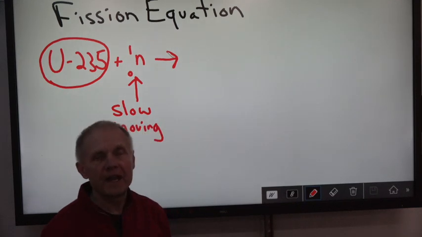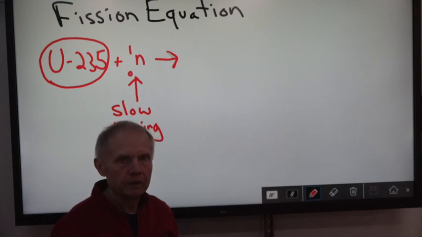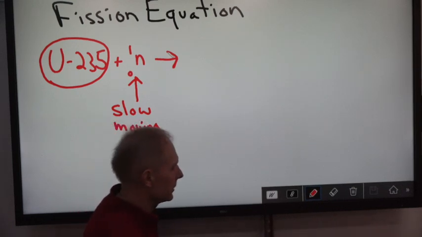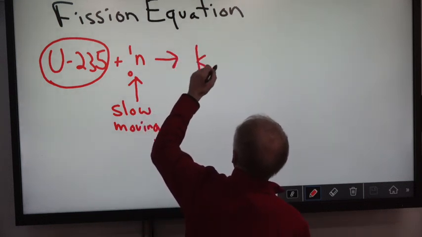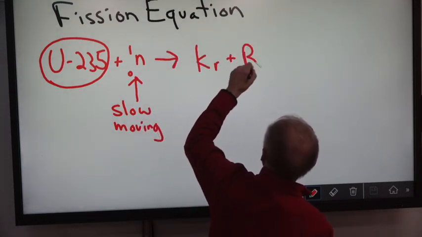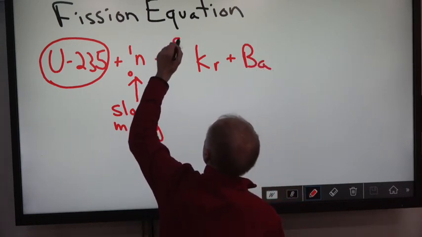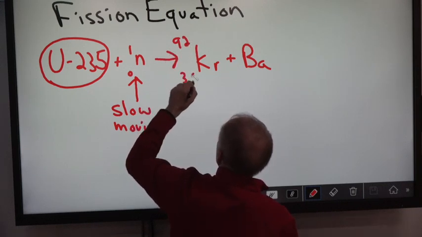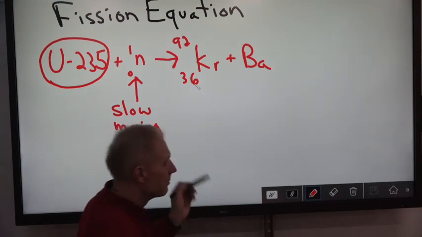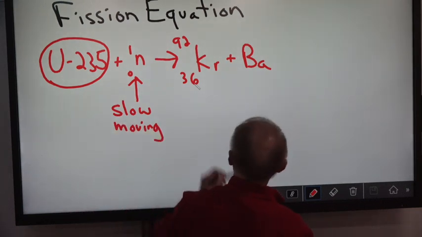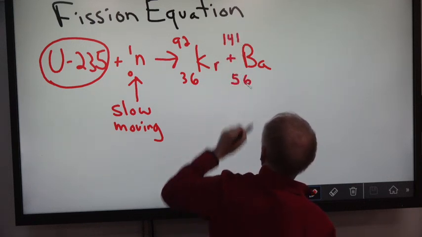Now, remember what I told you, that big old fat nucleus splits up into smaller ones. And here are the smaller ones. One is krypton and one is barium. Okay, Kr plus Ba. And krypton is atomic mass 92 and atomic number 36. Barium is 141 and 56.